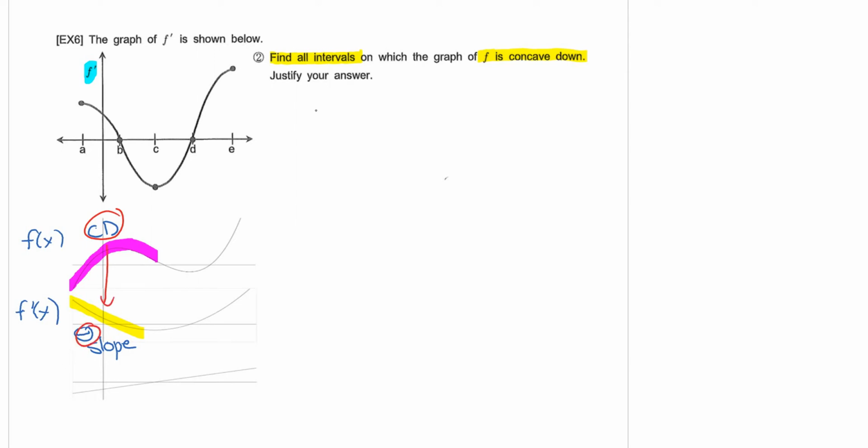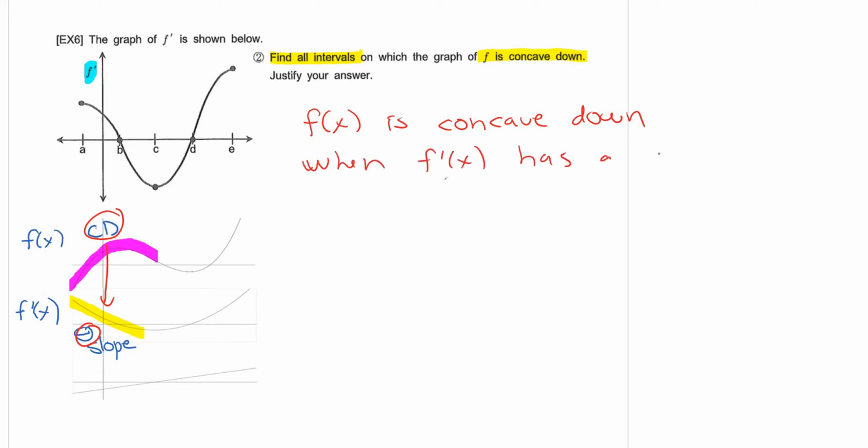Let's write that down. f of x is concave down when the derivative graph has a negative slope. Another way of saying negative slope is decreasing.